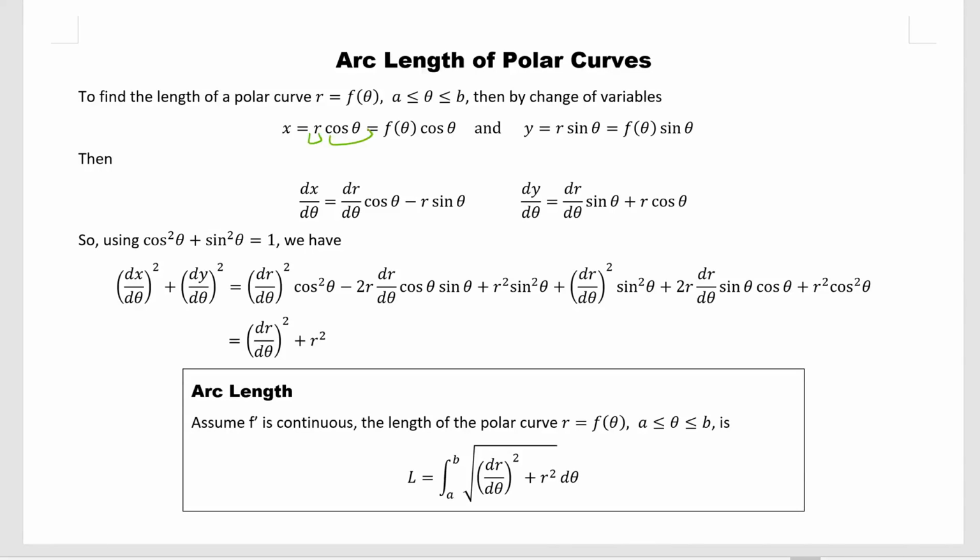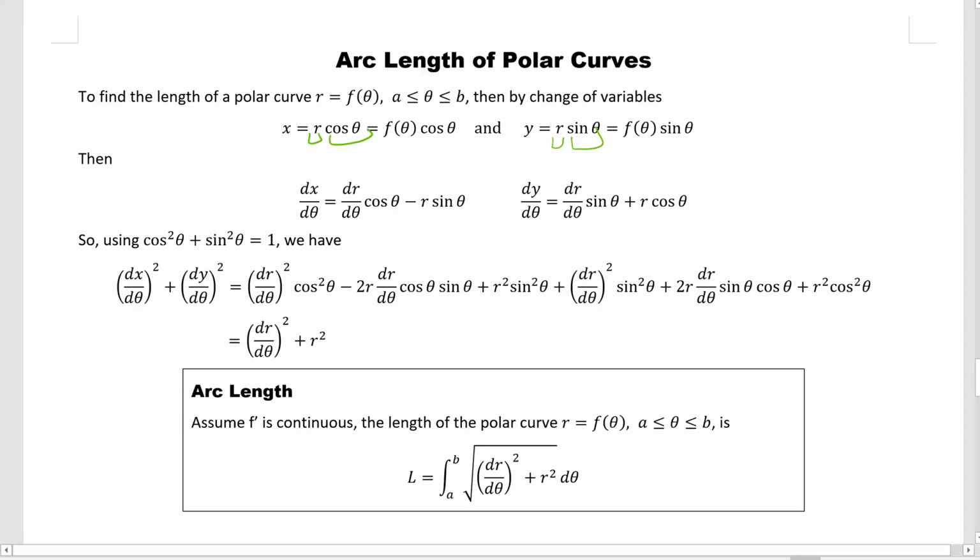Product rule is derivative of the first guy times second guy plus first guy times derivative of second guy, but the derivative of cosine is minus sine, so you have a minus here. Derivative of y with respect to theta is derivative of the first guy dr d theta times second guy plus first guy times the derivative of the second guy. Derivative of sine is cosine.